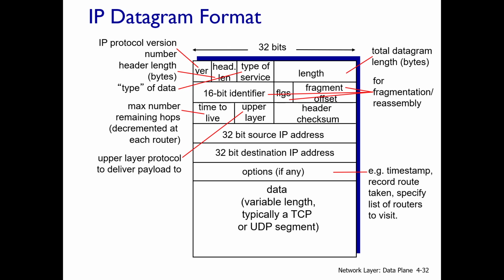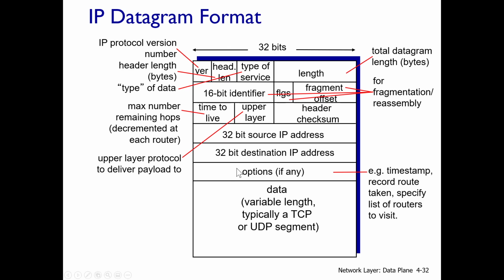So if you don't have any options, the header length will be 20 bytes. As you can see, each row is 32 bits, 4 bytes, and we have 5 rows. 5 multiplied by 4, so this part will be 20 bytes for all IP datagrams, regardless of the type. It will always be a minimum of 20.